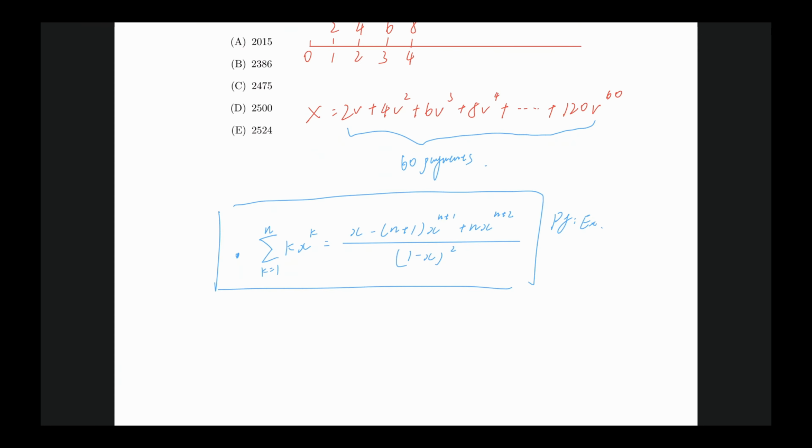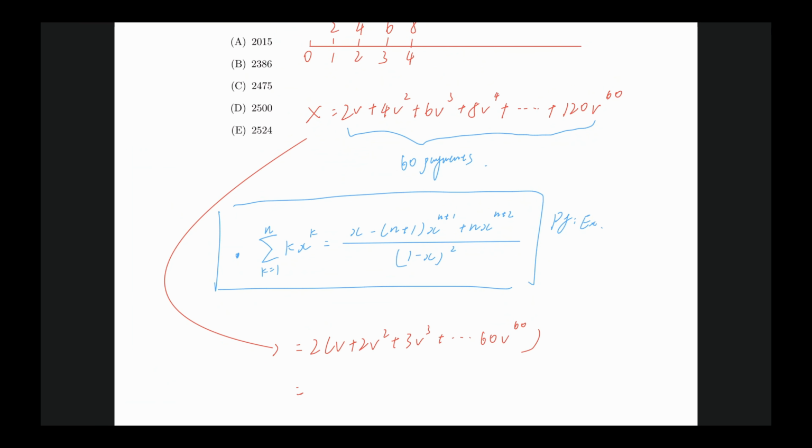So for now, let's just use the formula right away. The best way so far is to take a 2 out so that I can have the form like this, until 60v to the power of 60.